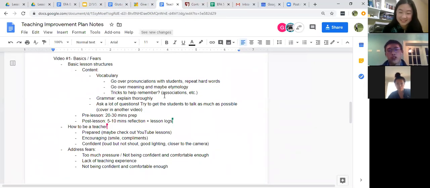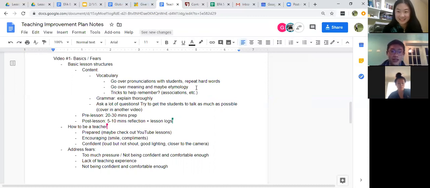And then we want to go over the meaning and maybe the etymology of the word. So what the word is made up of. And this etymology can also help students remember the word better. So for example, if we're teaching the word snowman, we can split it up into snow and man. Tell the students that snow means 雪 and man is 人.